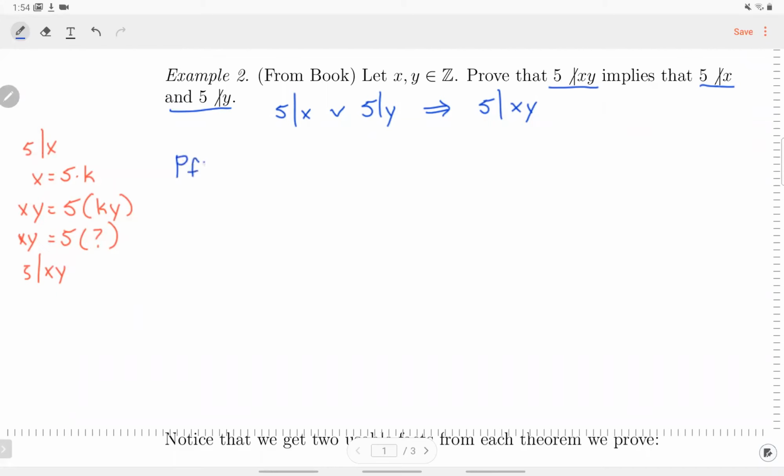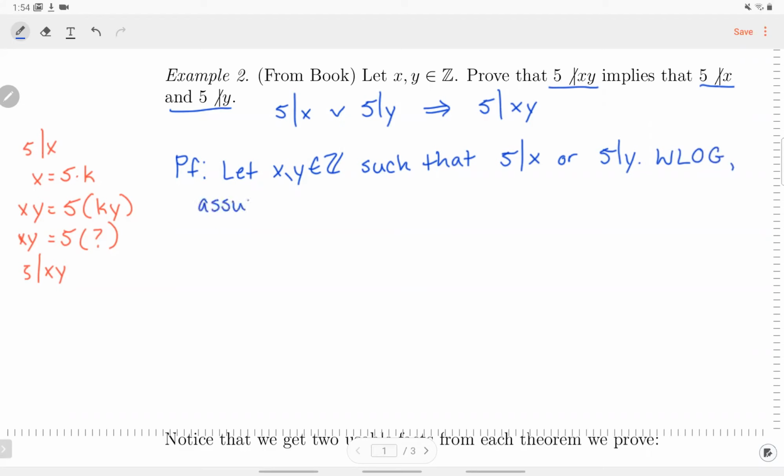Okay, so here we go. Proof. Let x and y be integers such that 5 divides x or 5 divides y. WLOG, without loss of generality, assume 5 divides x.